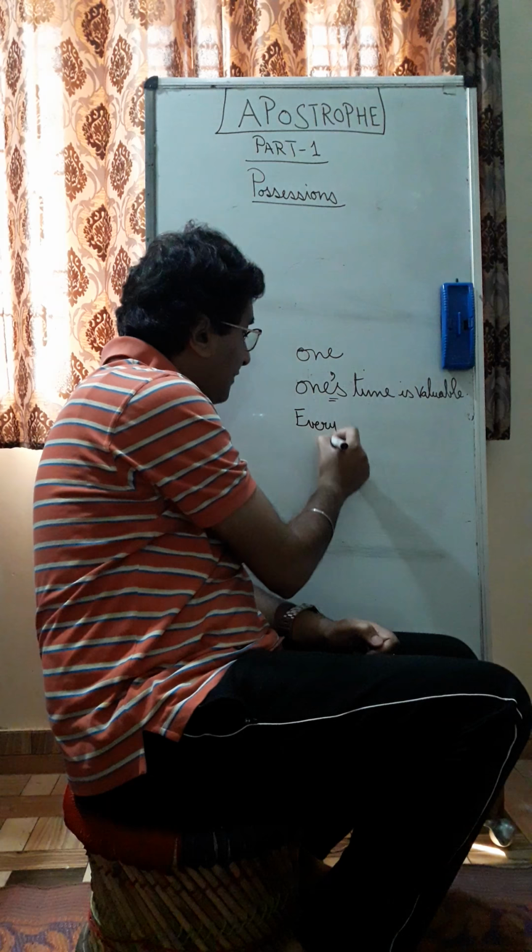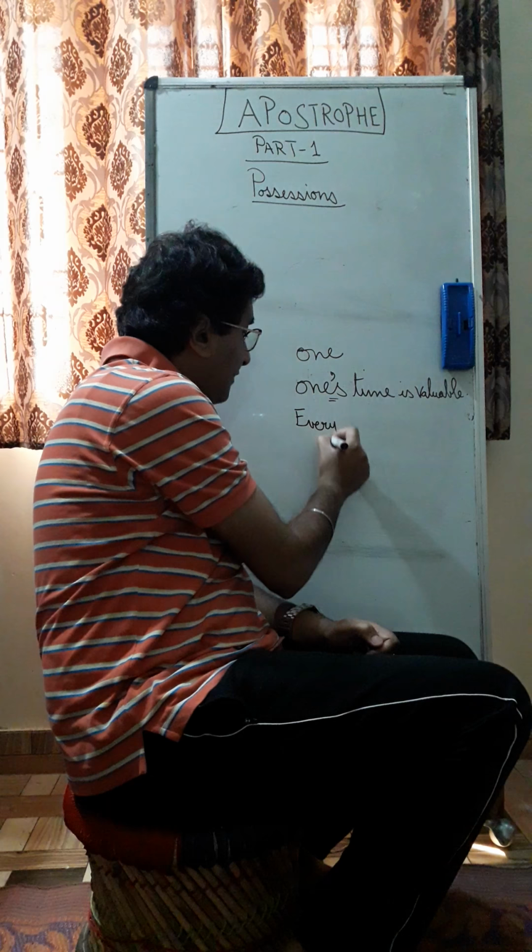Men, apostrophe, and then an S. So the apostrophe has to be between N and S. So men's salon. When you go to a barber shop, you go to the men's salon, right? So the apostrophe is used to show possession and it is used between the last letter and the S, usually.